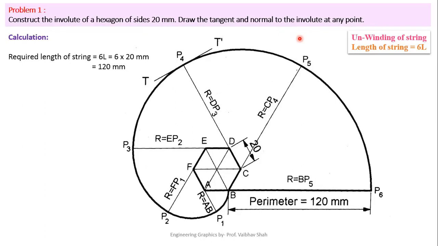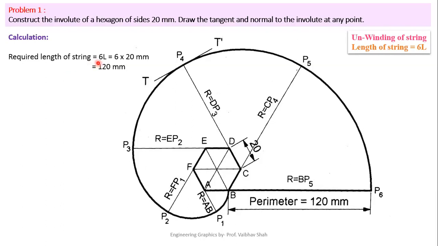Now, before that, let us list down some of the assumptions which we are taking into account. First, we'll be taking unwinding of the string in this case, and the length of the string would be 6 into L, which is the length of the perimeter of your hexagon. So what is the required length of the string? The required length of the string is the length needed to cover the complete outer periphery of your hexagon.